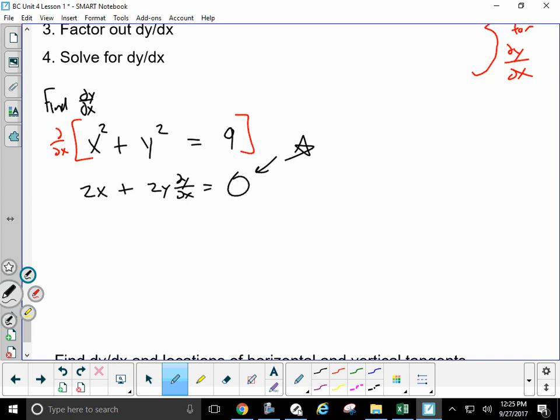Okay, well now I need to find dy dx. Well, dy dx is right here. I can algebraically solve for dy dx. What does that look like? Well, go ahead and get rid of this 2x, which is being added to it, by subtracting it. This is a term without a dy dx. Move it to the other side.